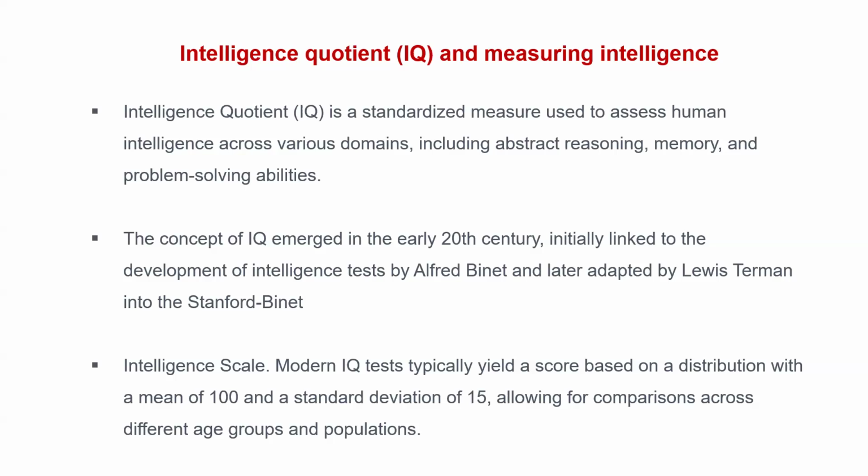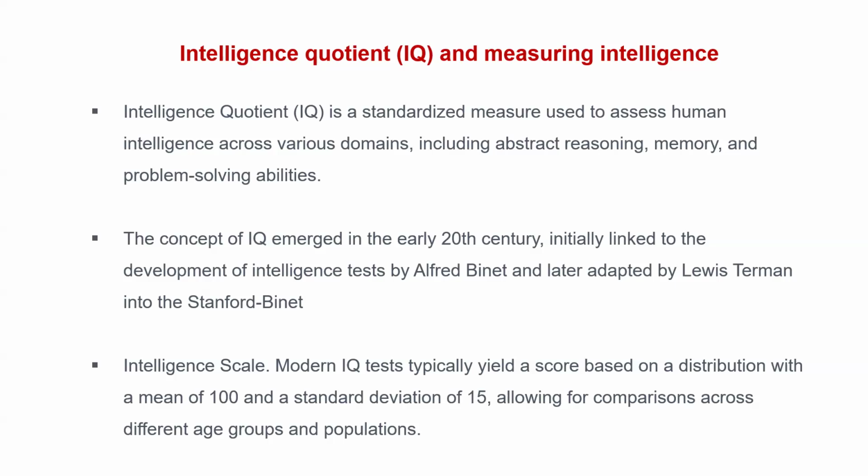IQ is a standardized measure used to assess human intelligence across various domains, including abstract reasoning, memory, and problem-solving abilities. We say Sir Albert Einstein had an IQ of more than 143 or 146, like that.